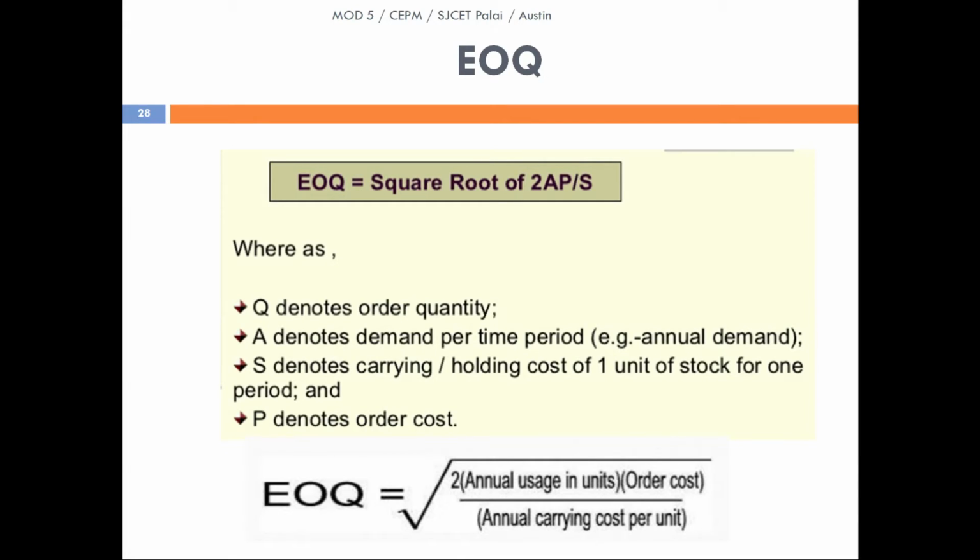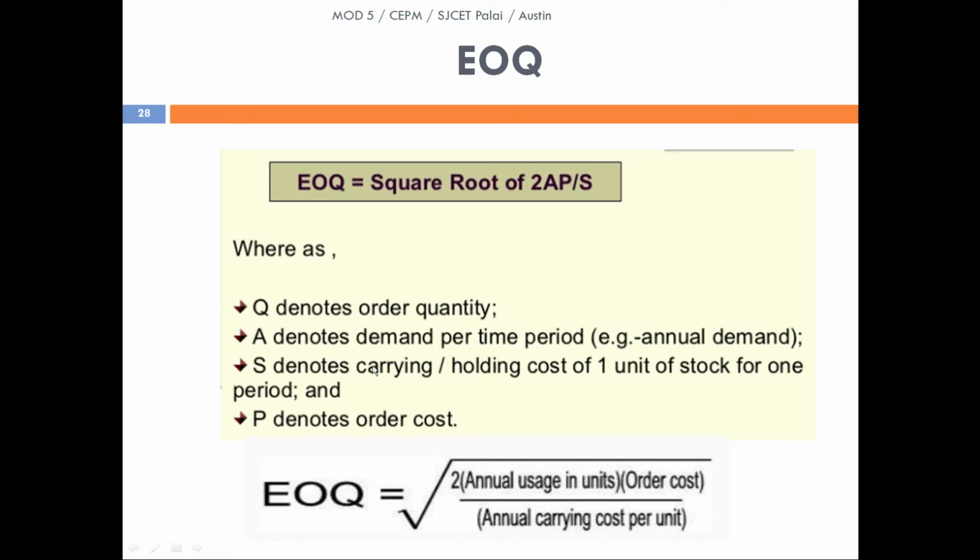Then mathematically we can define EOQ as square root of 2AP divided by S, where Q denotes the EOQ, A denotes the demand per time period or annual demand, S denotes the carrying or holding cost of one stock for one period, and P denotes the ordering cost.